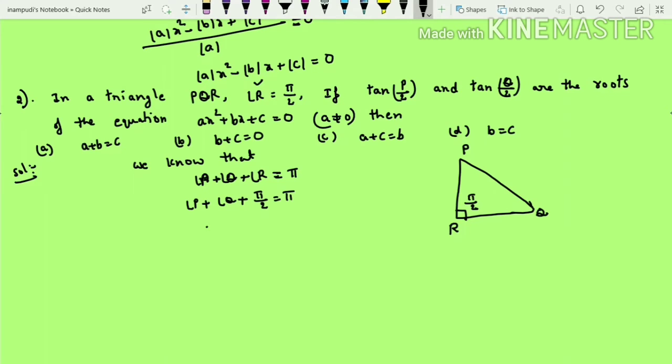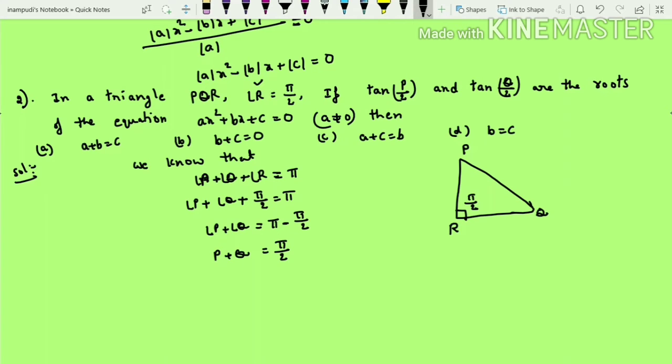Angle P plus angle Q equal to pi minus pi by 2. Pi minus pi by 2 means 180 minus 90 degrees is equal to pi by 2. So angle P plus angle Q equal to pi by 2.